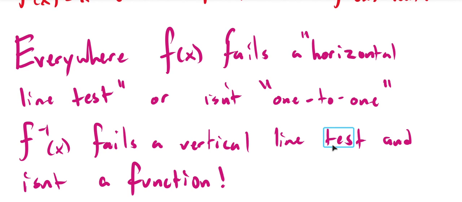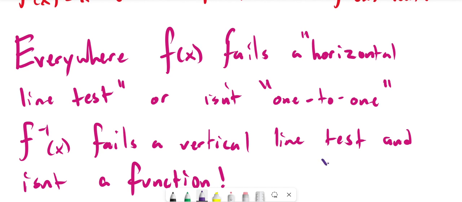Interesting. So this actually brings up something. Because we are interchanging x's and y's, we are interchanging horizontal and vertical lines too. And this means that if f of x fails the horizontal line test, and there are a few different words for that, we sometimes say f of x is not one-to-one, or f of x is not injective. Whatever that means, it means that there's a horizontal line, as opposed to a vertical line from before, that f of x passes through.